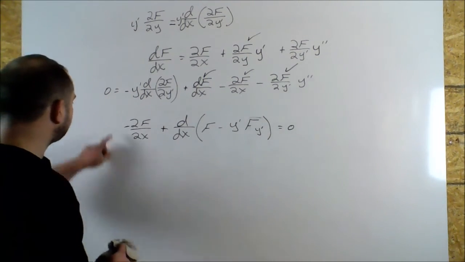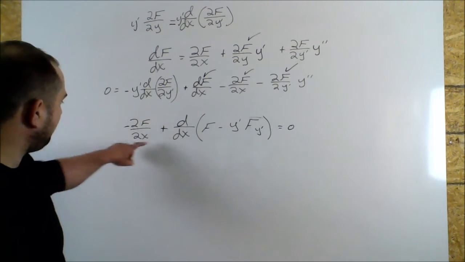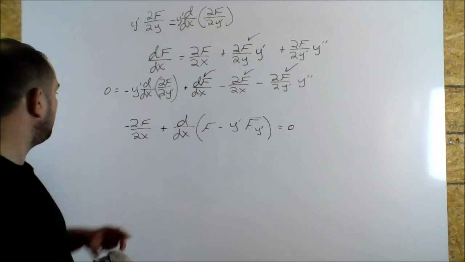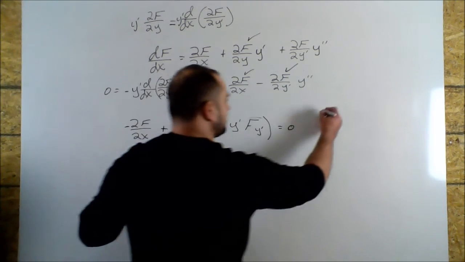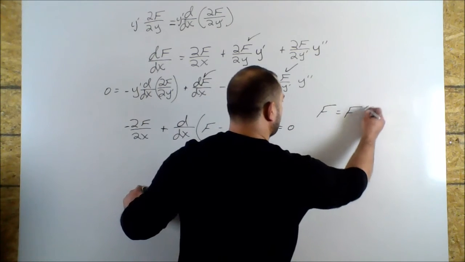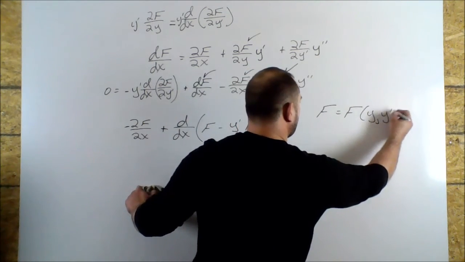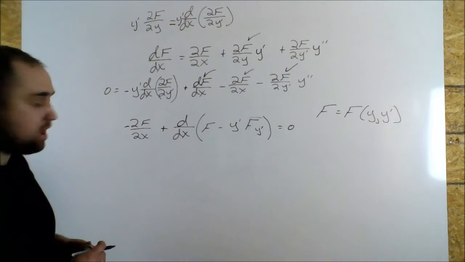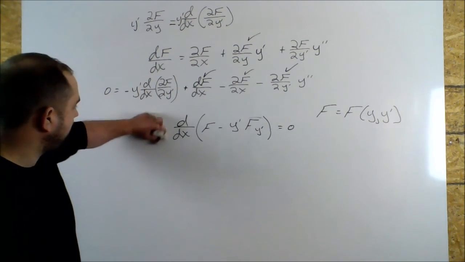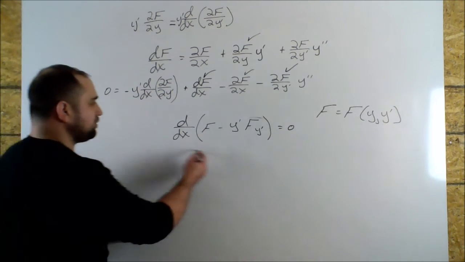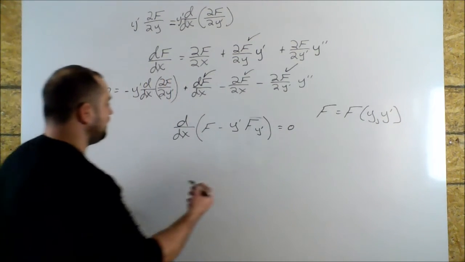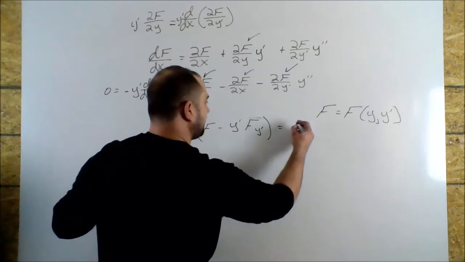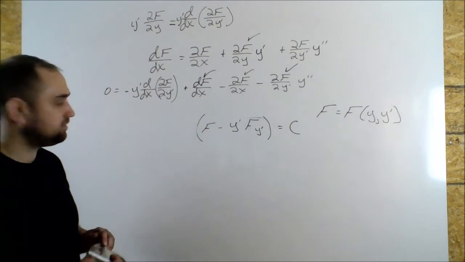Now we see that if f is not explicitly dependent on x, so if f is just a function of y and y prime, then this term is 0. And so I'm left with this. And so by integration, I get this.